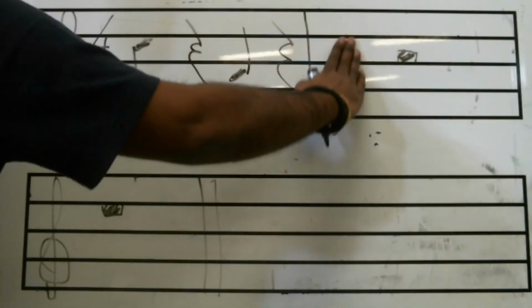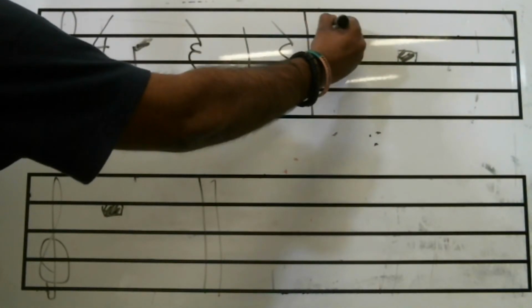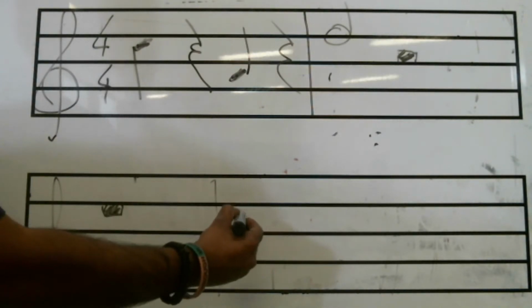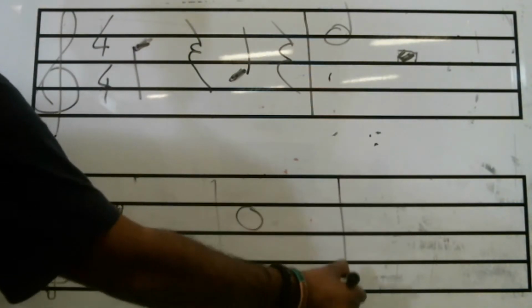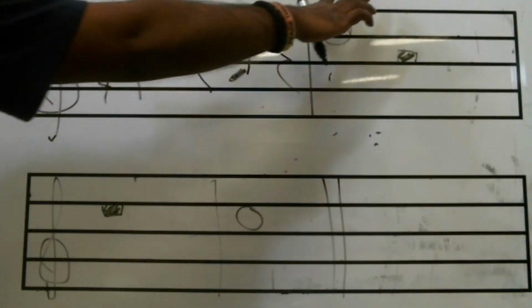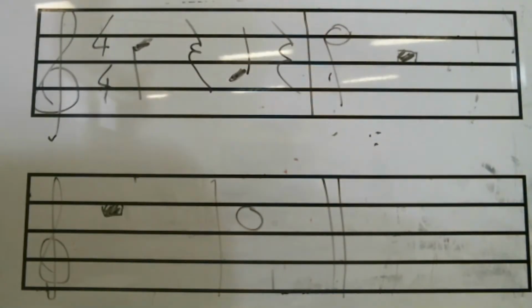There is dead silence for however many beats it is worth. So if I did this, let me actually show you what I would do here. And then I'm actually going to extend this and put a whole note here and then finish it. Okay? There.